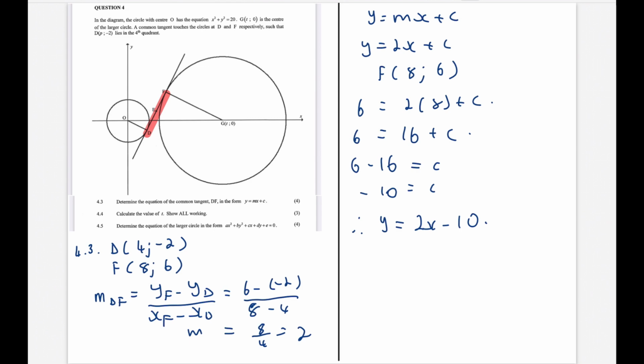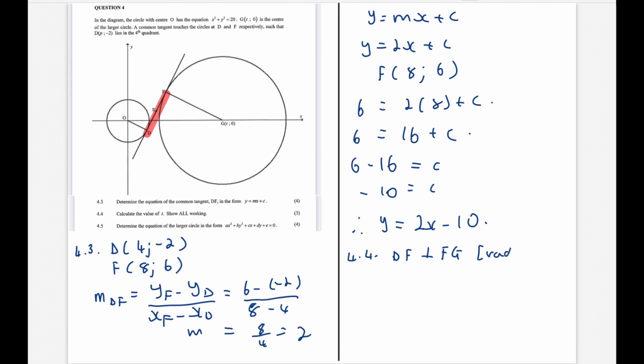Now, what do we know about perpendicular lines? It's that the product of their gradients is -1. So since we know the gradient of the tangent, and the gradient of the tangent we found to be 2, right? M is 2. Then I'll write here 4.4. Let me start by saying df is perpendicular to fg.